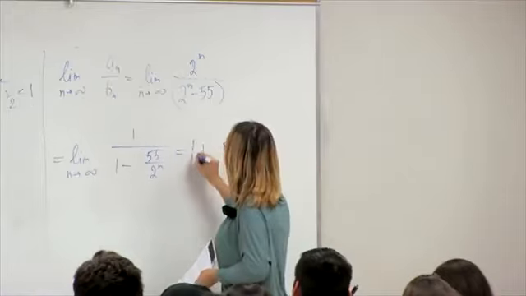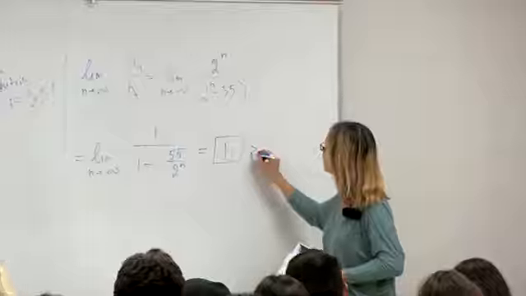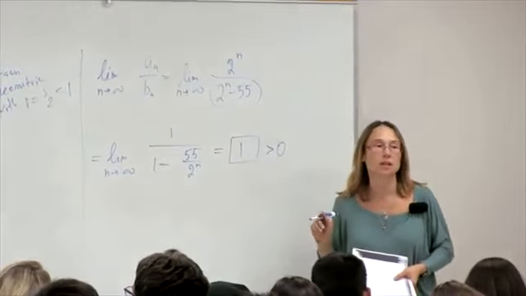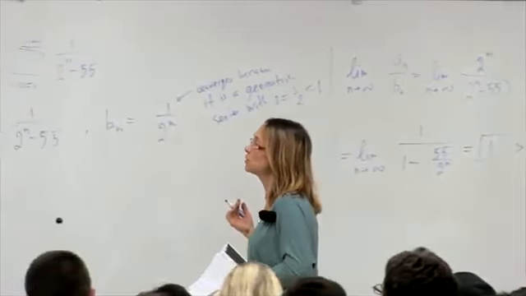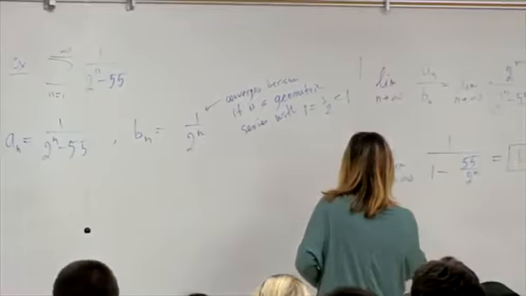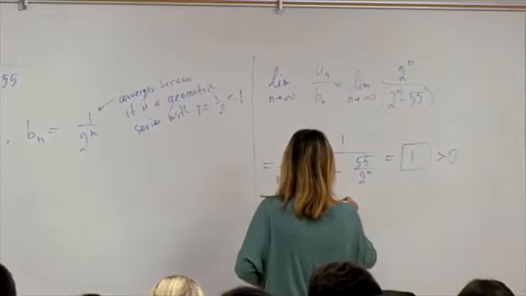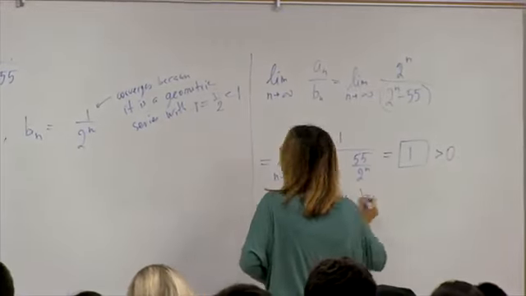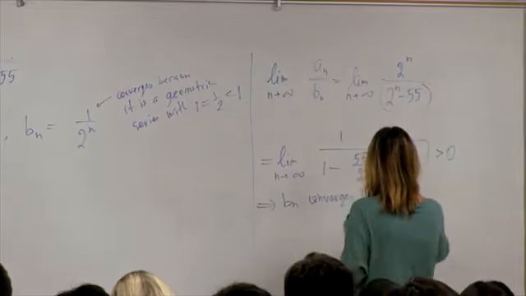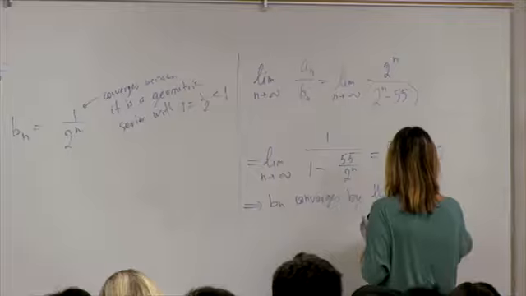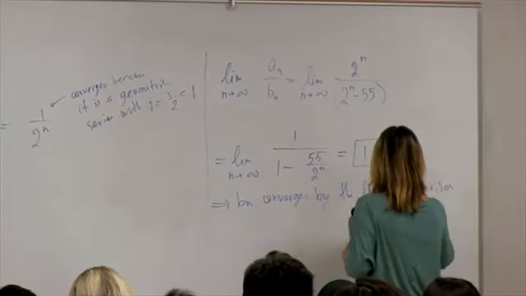So the limit is 1. And of course, 1 is greater than 0, right? It's a positive, non-infinite number. So an converges by the limit comparison test.